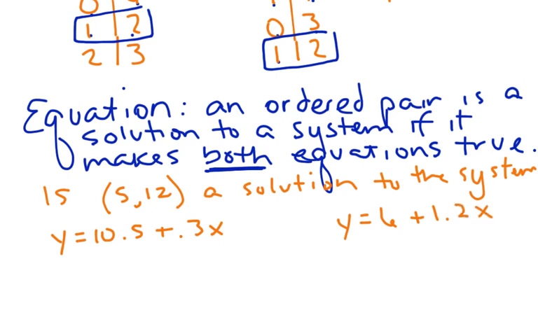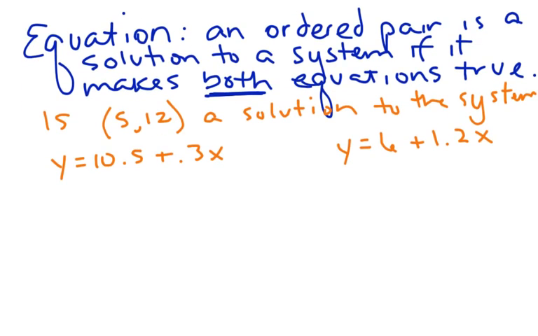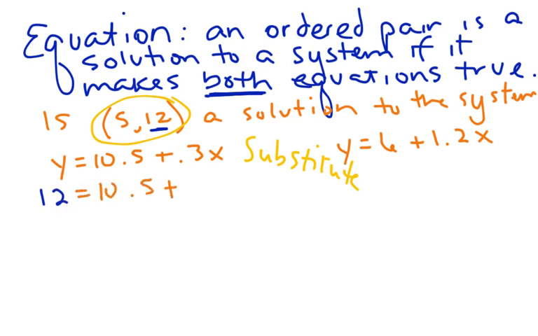Okay, we have a system because we have two equations. What we're going to do to find out if this is a solution is we are going to substitute. Okay, so I am going to take my y value and plug it in here. 10.5 plus 0.3, and I'm going to take my x value and plug it in here.